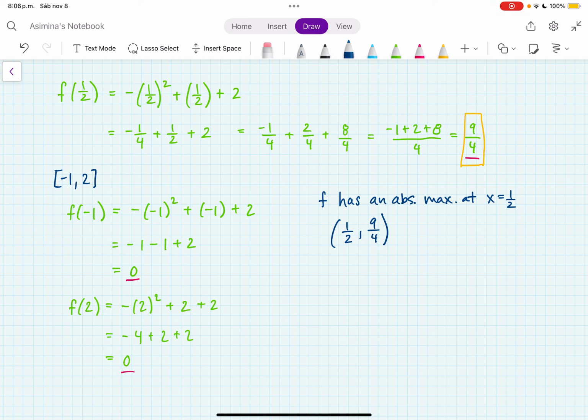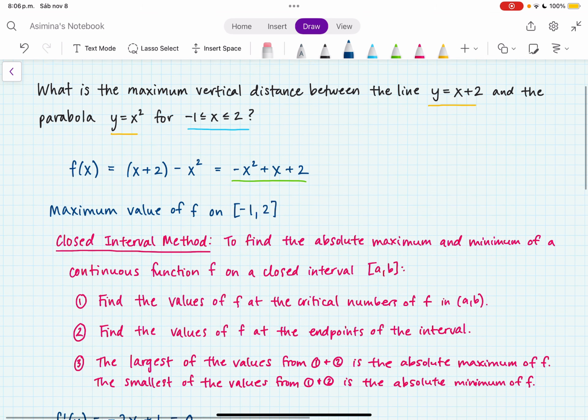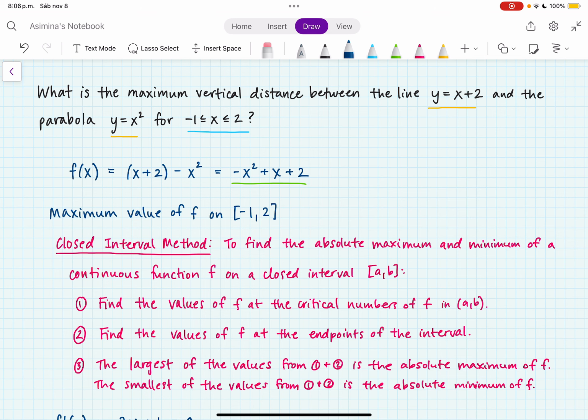Okay, but what does this mean in terms of the original question? We were asked to find the maximum vertical distance between this line and the parabola.